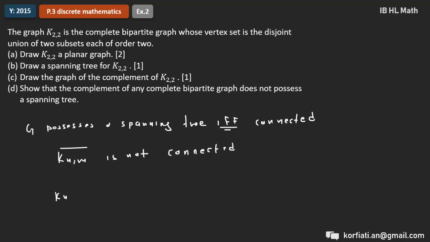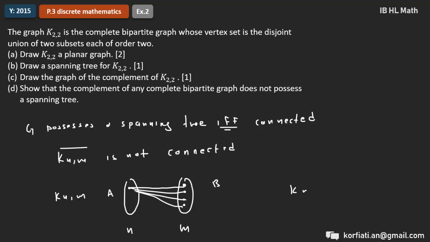Well, at K n,m, we have a set A that contains n vertices and a set B that contains m vertices. In the initial graph, each vertex that belongs here gets connected with an edge with every vertex that lives here. And if two vertices belong to the same set, they are not connected with an edge.